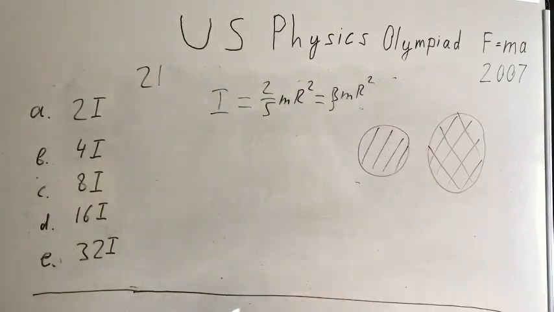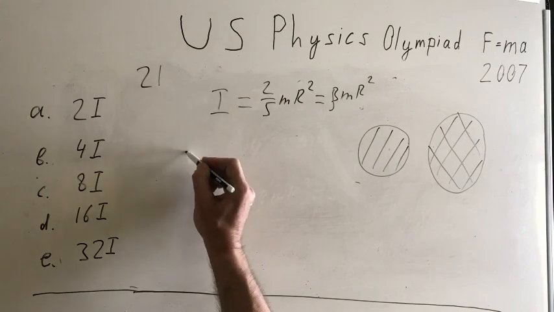mr squared. So to solve this problem we need to count the new mass and put in this new radius. If we increase the radius twice with the same density, we increase the volume 8 times. It means that the mass will increase 8 times.